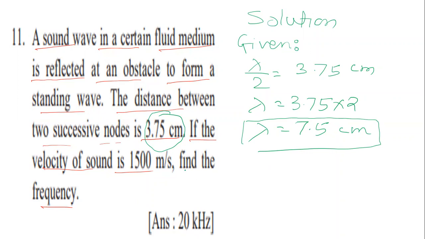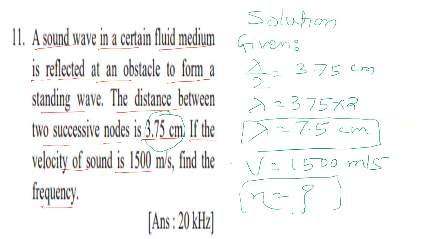Now another thing which is given is velocity. V is equal to 1500 meter per second. And here we have to find out frequency n. Now we can find this frequency n by this formula. We know that velocity v is equal to n into lambda.